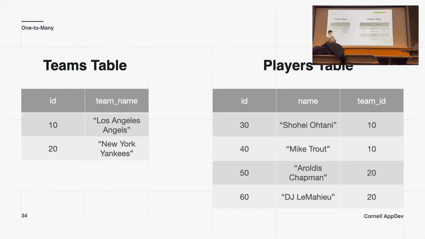One thing to note is that, we'll show you in a sec, but the team ID doesn't actually have the unique constraint that we had in our one-to-one table, a one-to-one relationship. And the reason why is because we can have multiple players be associated to a singular team.